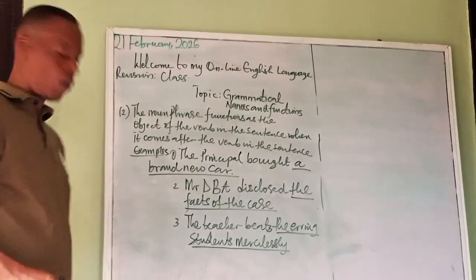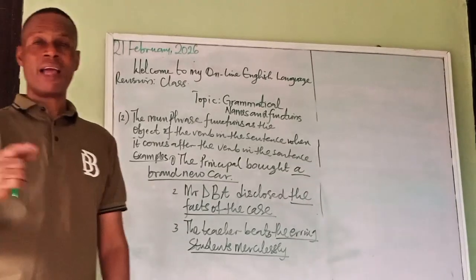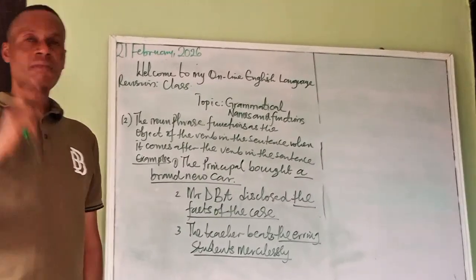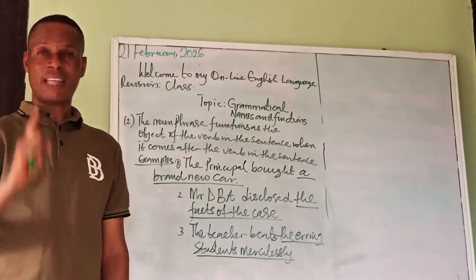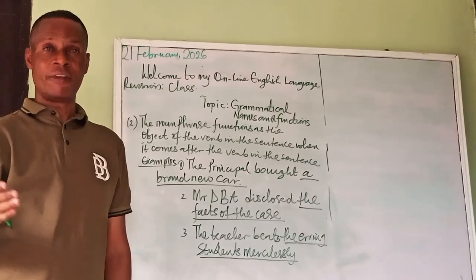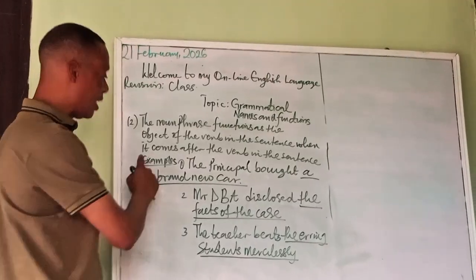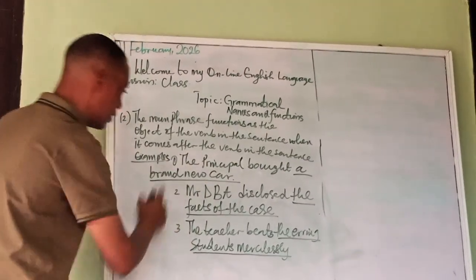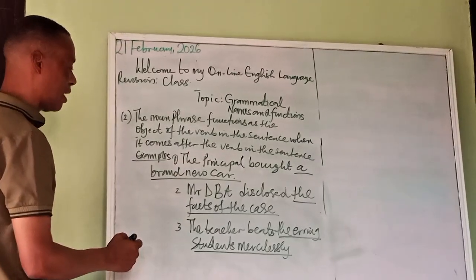So how do I answer the questions in a WAEC situation, a NECO situation, or a JAMB situation? The moment you have identified the type of phrase, whether it is a noun phrase, adjectival phrase, or adverbial phrase, then let's look at this here. This is a noun phrase. So how do I answer it? Just like the other one. Let's take the first one as an example.